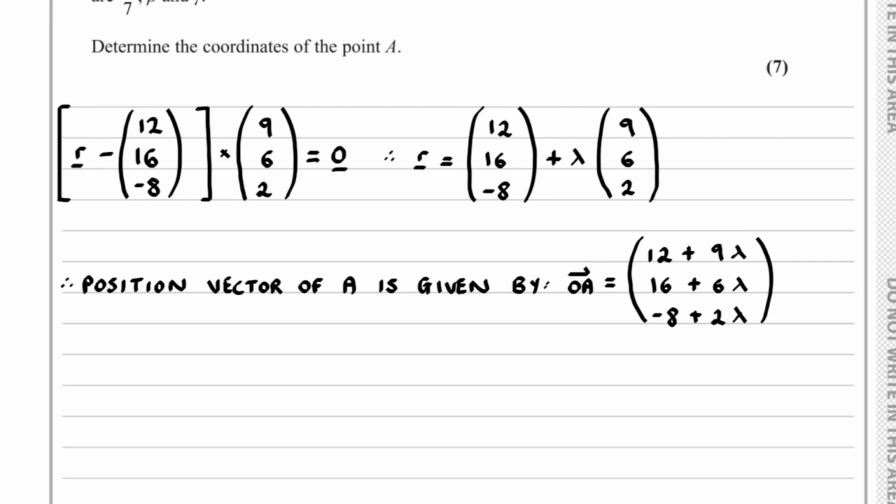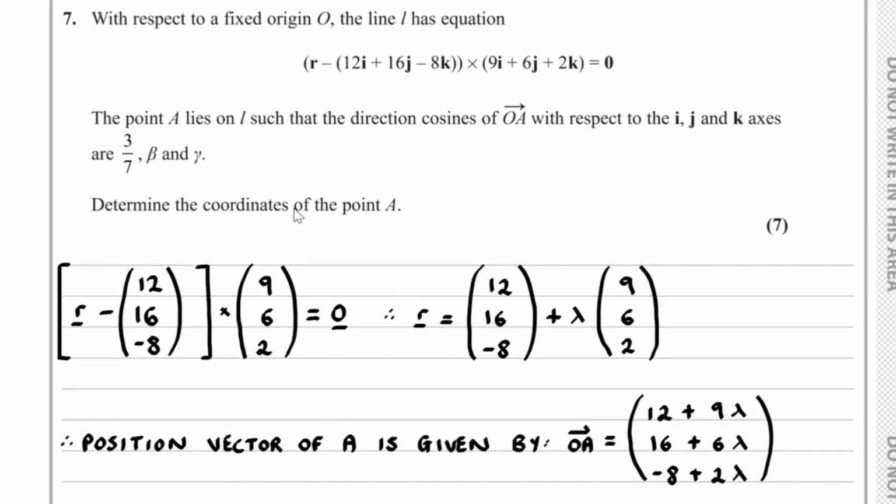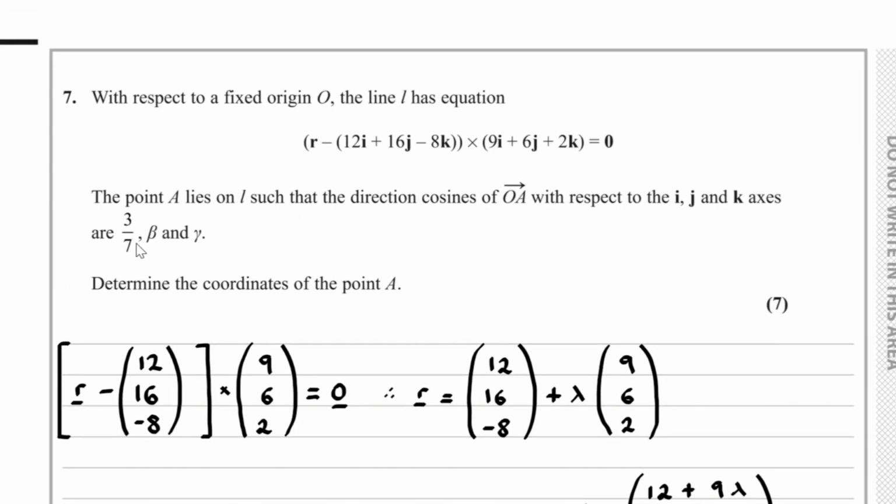And from this information, we can find the direction cosine of L in the x direction. And that's shown by the result here. We've got (12 plus 9 lambda) over the square root of ((12 plus 9 lambda) squared plus (16 plus 6 lambda) squared plus (minus 8 plus 2 lambda) squared) equals 3/7. And we were given that information here.